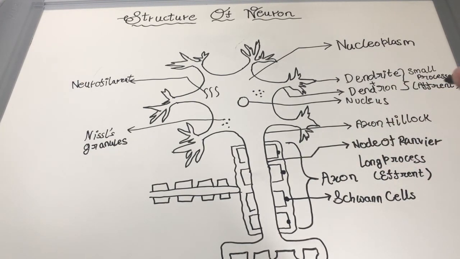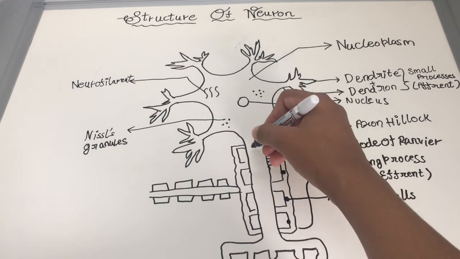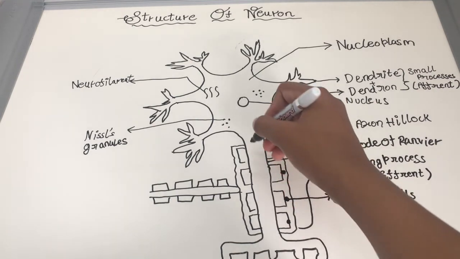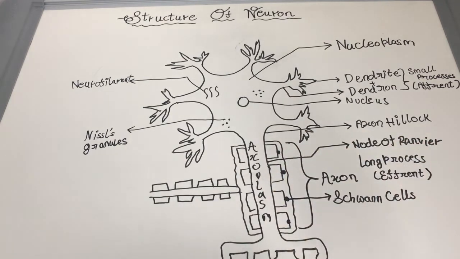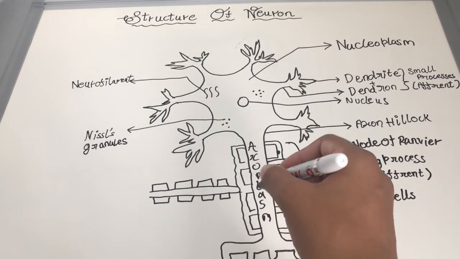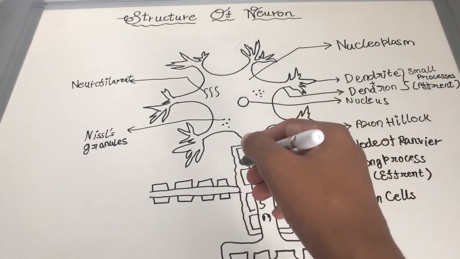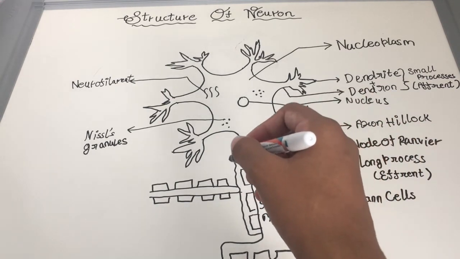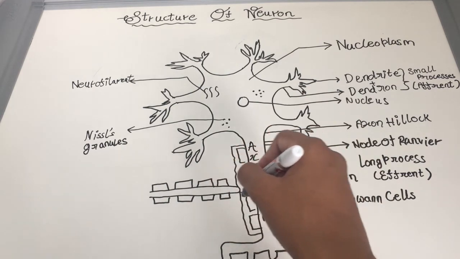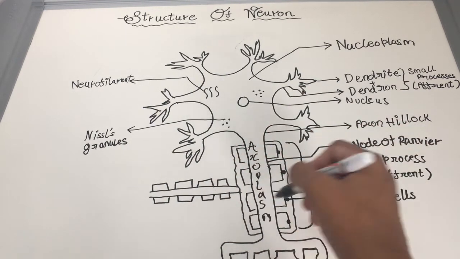And now the entire cytoplasm that you can see inside the axon is the axoplasm. Now you must be asking what these rectangular blocks are. It's nothing but the medullary or the myelin sheath. So we will call this the medullary or the myelin sheath.